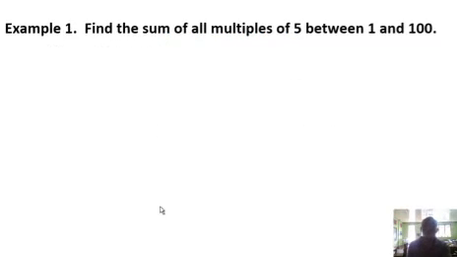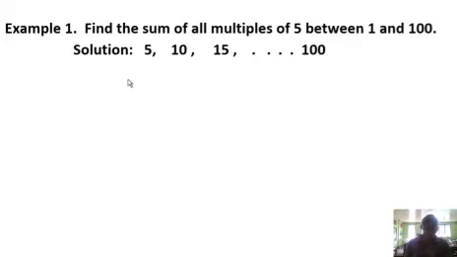Okay, let us have some examples where we apply our knowledge about sequences. Find the sum of all multiples of 5 between 1 and 100. The first term between 1 and 100 which is a multiple of 5 is 5.